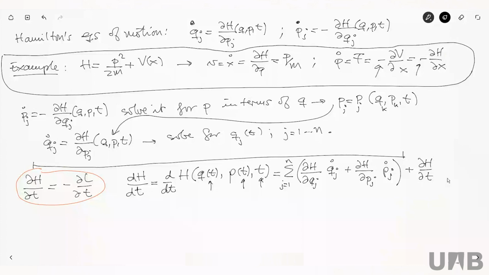Okay, good. So now let us look at the first term. What is partial of H with respect to q? On the equations of motion, minus p dot j. And what is partial of H with respect to p?